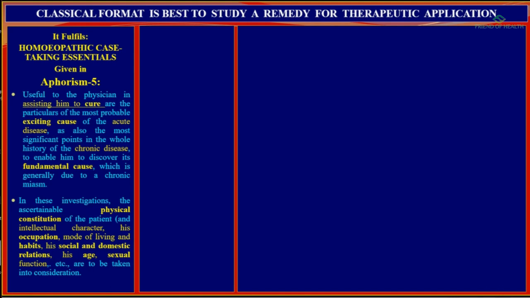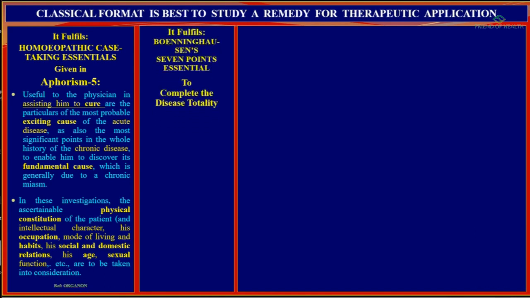In these investigations, the ascertainable physical constitution of the patient and intellectual character, his occupation, mode of living and habits, his social and domestic relations, his age, sexual functions, etc., are to be taken into consideration.